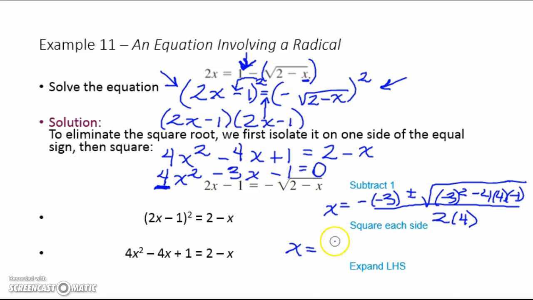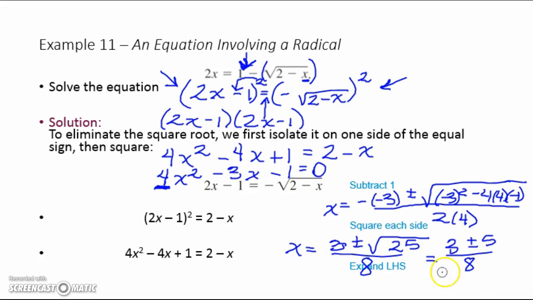So we have x equals 3 plus or minus the square root of 9 plus 16 is 25. That's pretty handy. All over 8. So we have 3 plus or minus 5 over 8.